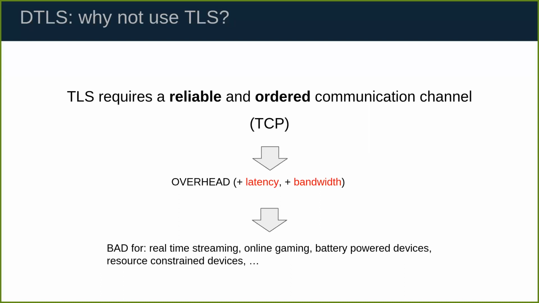But different types of applications don't require reliability or ordered delivery. They have other priorities, like minimizing latency and minimizing resource usage. So TLS would be bad for, for example, real-time streaming, online gaming, battery-powered devices, and resource-constrained devices.